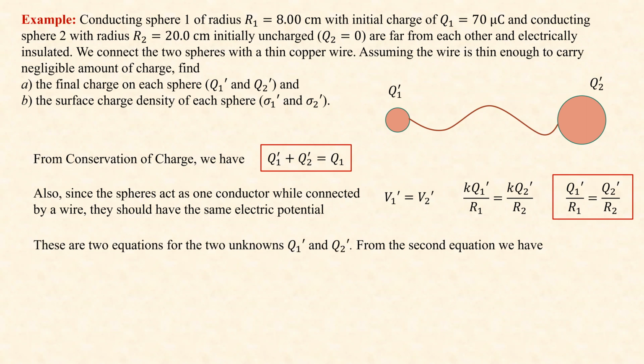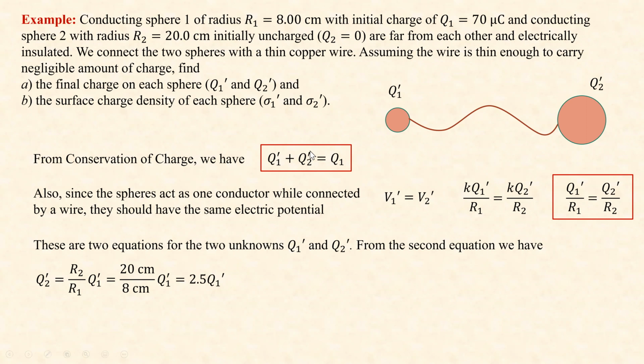From the second equation, we have Q2 prime equal to R2 over R1 times Q1 prime. And R2 is 20 centimeters, R1 is 8 centimeters. So 20 divided by 8 times Q1 prime. So that's 2.5 Q1 prime.